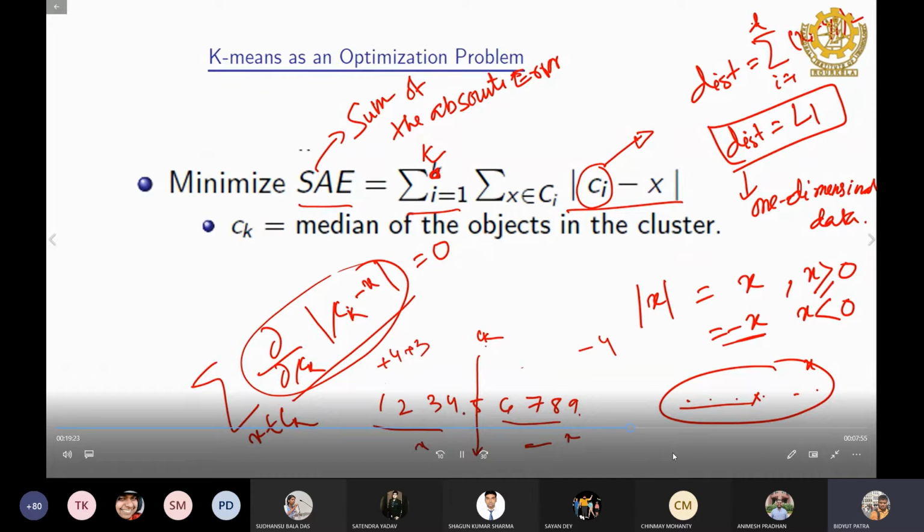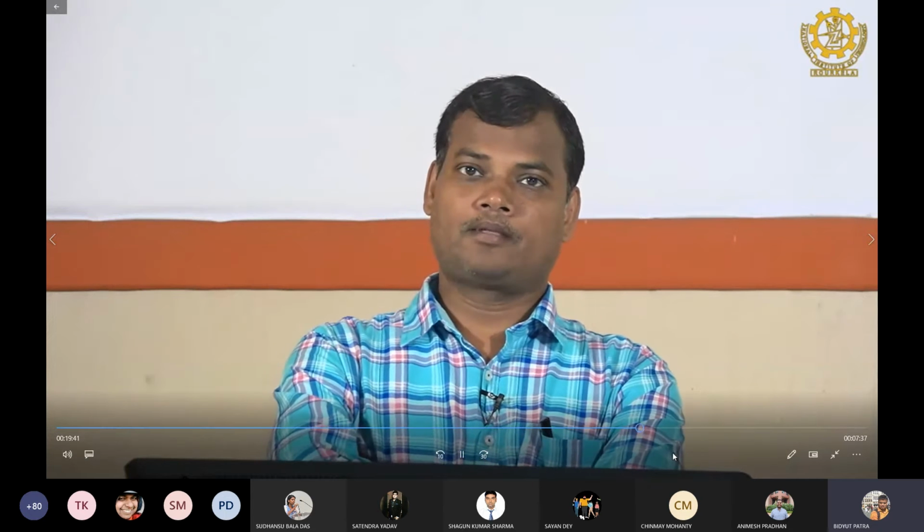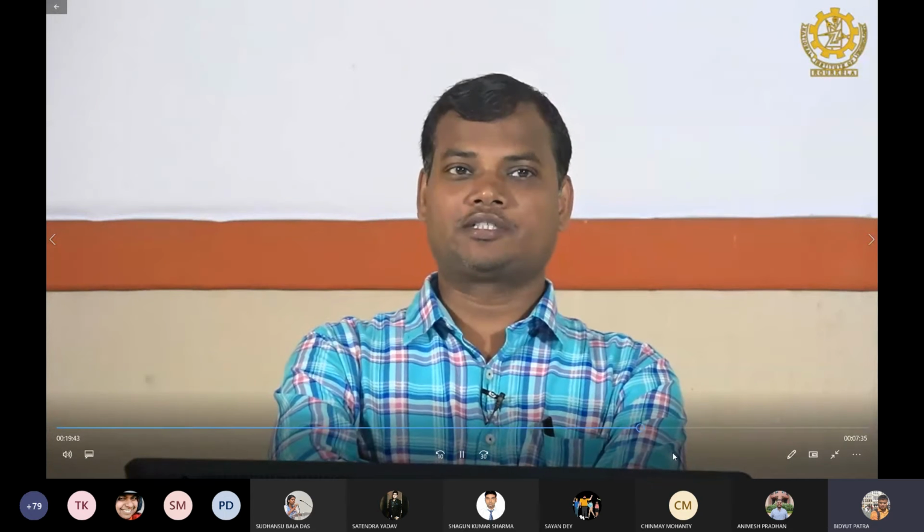Ultimately this represents the median of the distribution, and if you take the multidimensional case, it is nothing but the centroid. Next we will talk about something to speed up the k-means clustering algorithm.